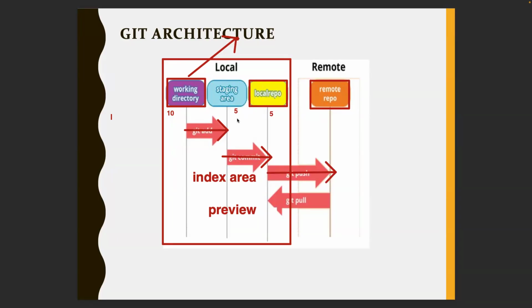Staging area means a virtual area. It's not any physical directory, it's a virtual space where you move your changes. How do you move your changes? We will learn it. Just understand first you have to move to staging. From staging only you move to the local repository. That's the path of how your changes move in Git.